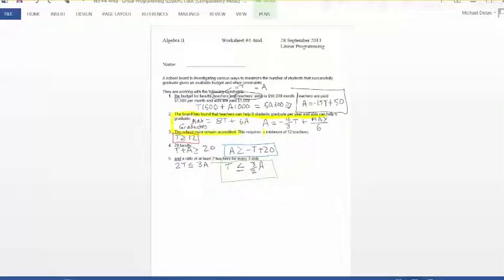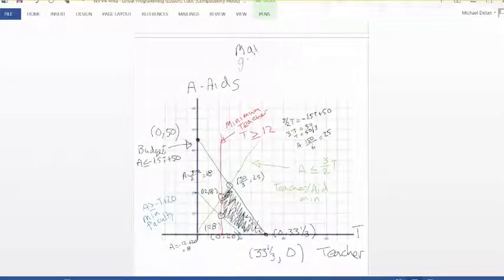We're now in a position to solve for the maximum number of graduates with this equation here. We could check all 4 or all 5 of the corner points, but since we know something about this line, we really don't need to check all 5. We know what the slope of this line is. It's minus 4 thirds. We don't know exactly where the intercept is, the max over 6, but we can find that out pretty quickly.